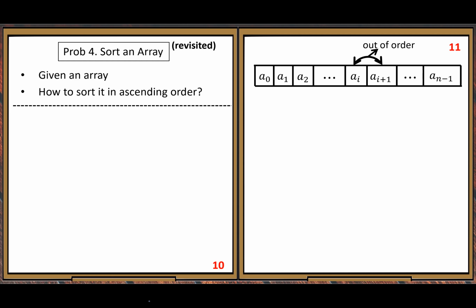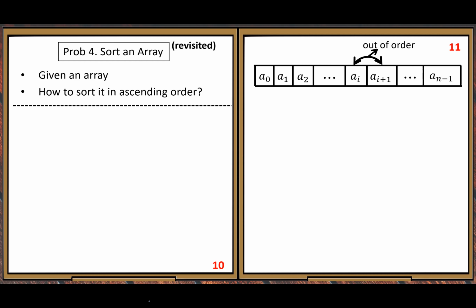If they are in ascending order, then we do not worry about it, and we can move to another two elements. But we worry about the case when these two elements are out of order, not in the order we like to have. If out of order, we need to fix it.